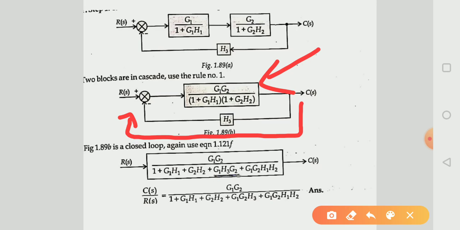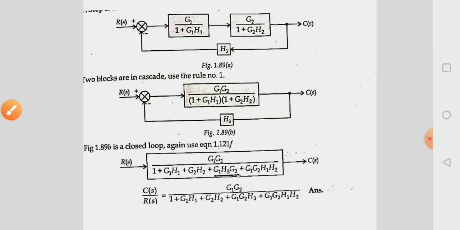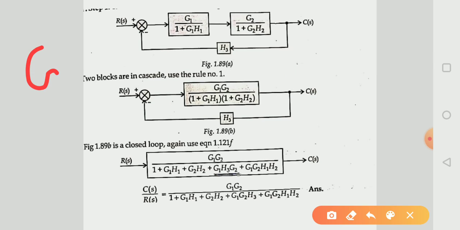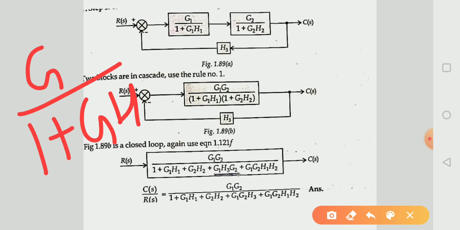So for this block we can simplify by applying the feedback formula, and here the feedback is negative, so we apply the formula G over 1 plus G into H. Here G is the gain of this block and H is the feedback of this block.